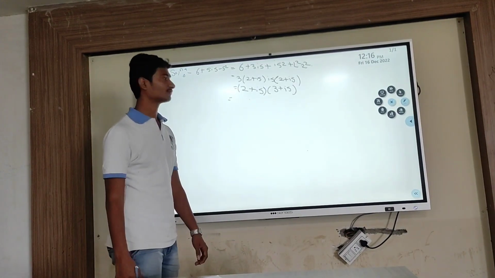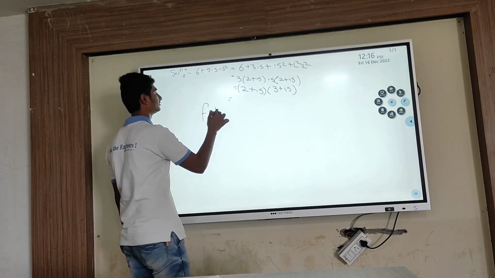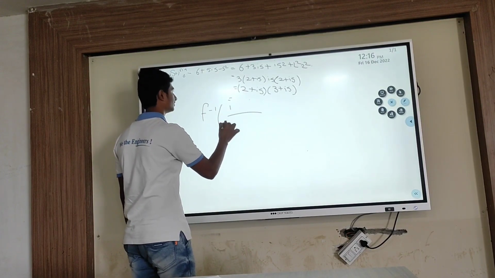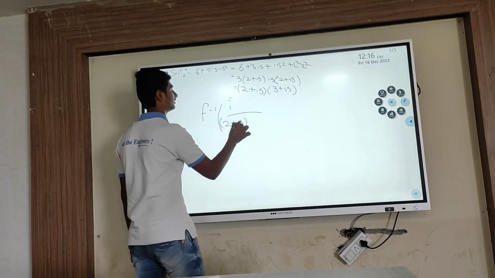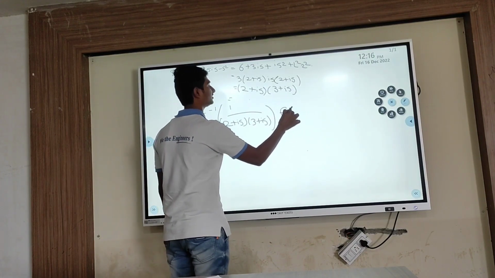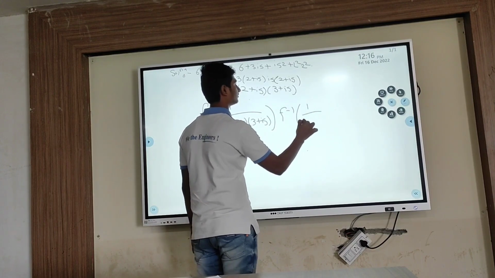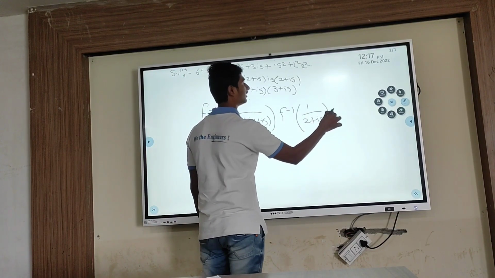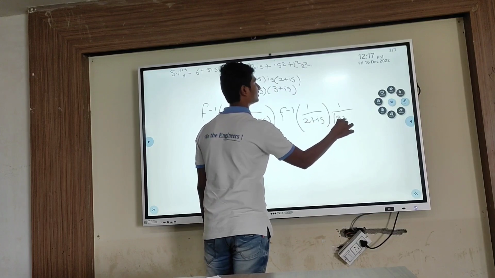So we can calculate the inverse. So what is our inverse? This is 1 upon s plus 2 and s plus 3. Then the inverse is 1 upon s plus 2 and 1 upon s plus 3.